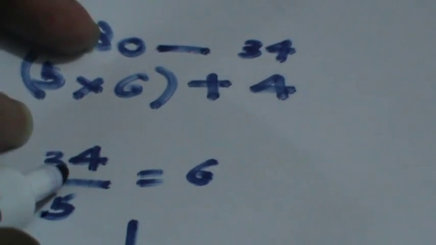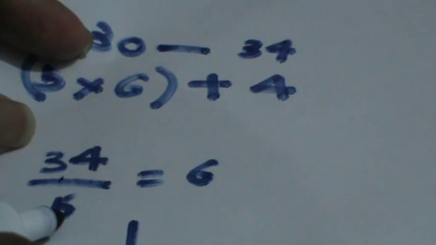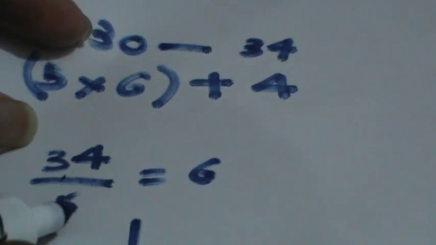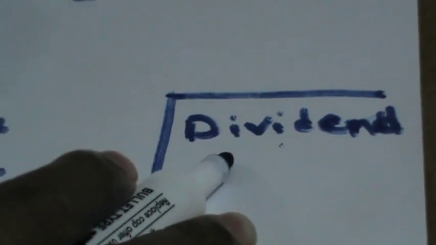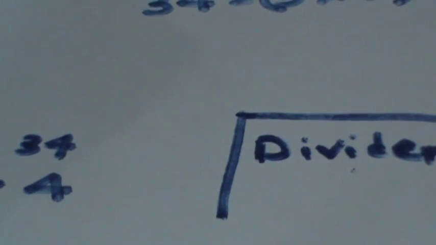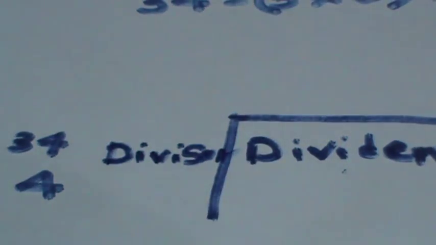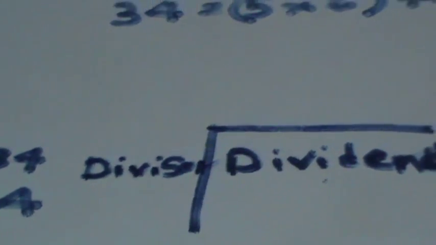So 34 is the victim, 5 is the attacker, consider it like that. 34 is called the dividend, and 5 is the term that you are dividing 34 by. That 5 is called the divisor, because it divides 34 into 5 parts.